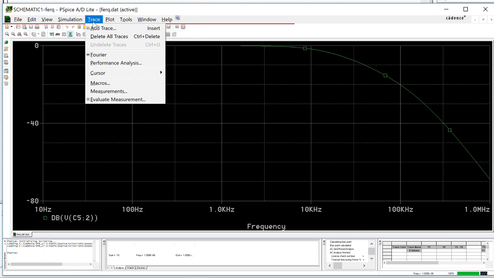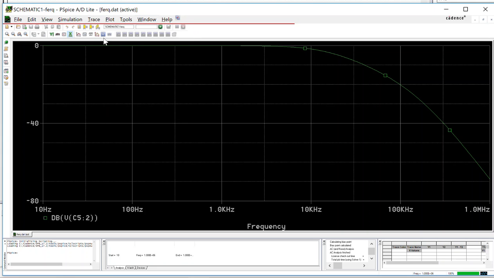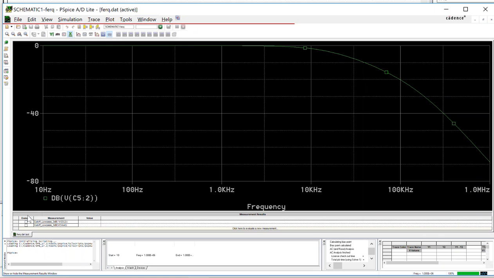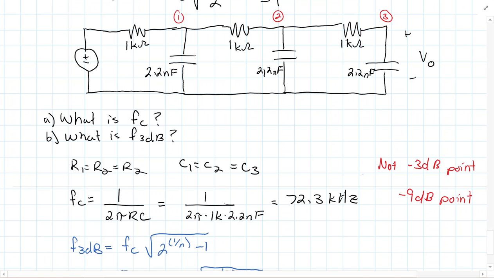And then I've already done some evaluating some measurements on the simulation before. And depending on the quality, you're probably not going to be able to read this. In fact, I'm almost guaranteed you can't read this. But we get here that the minus 3 dB point is 14 kilohertz. So I'll write that on the OneNote here.